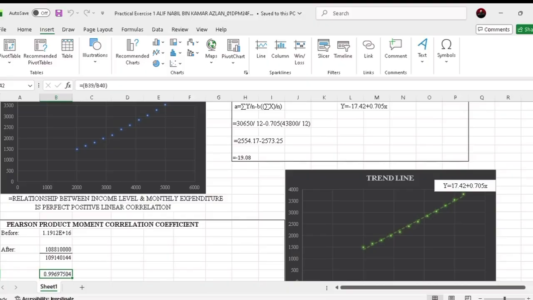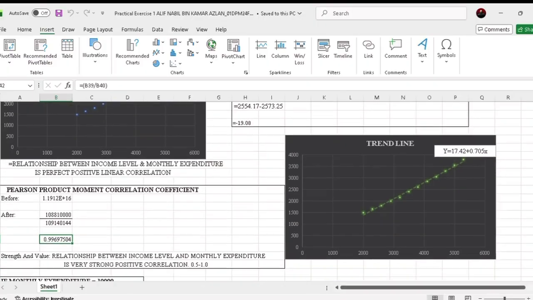The difference between the scatter diagram and this trend line graph is that it has an equation, and the title of the diagram is trend line. Also, from the visual you can see it has a dotted line, and as you can see, question C has been solved, and this is the proof.